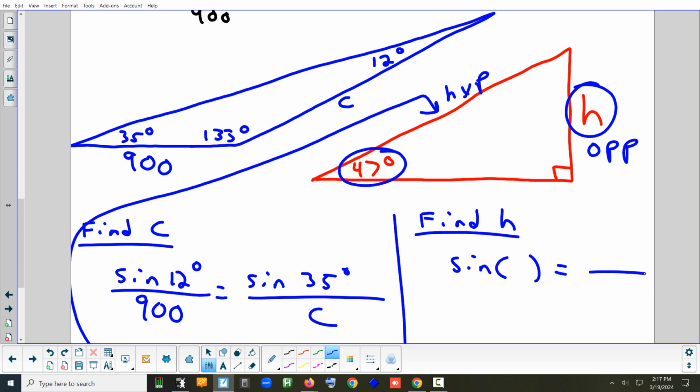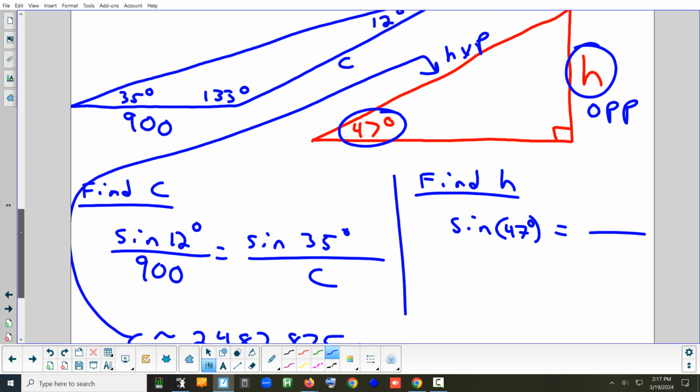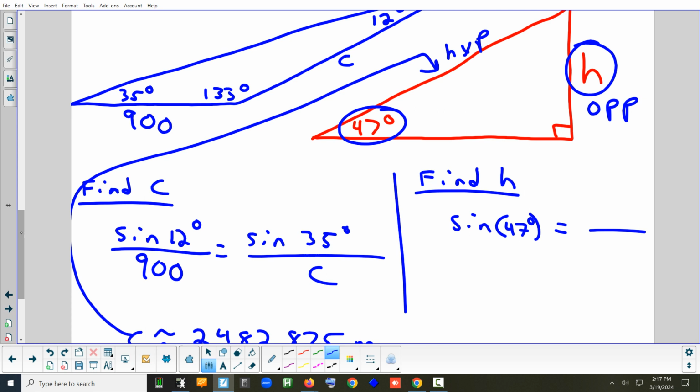Okay, so sine of, what's my angle? 47. 47 equals, and what would go on the other side? Opposite over C. So opposite over, and what can we fill in? 2,482.875. And now multiply that to the other side, and that's the height of the mountain.